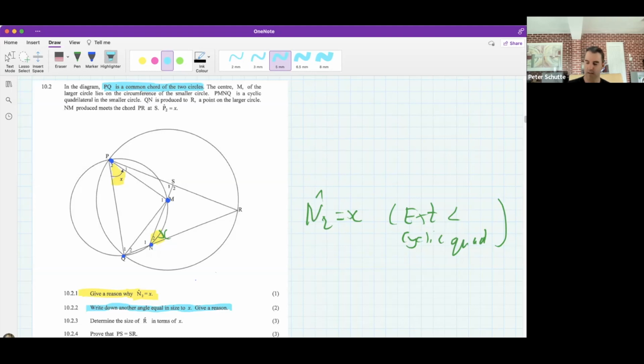Q1 is equal to X because MQ and PM are equal to each other. Reason being, they are both the radii of the bigger circle. Perfect. And yes, you're right. Oh, it's quite hidden, hey? So yeah. You are quite right.